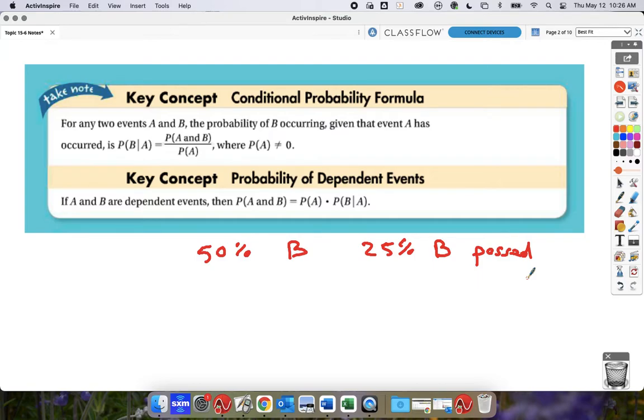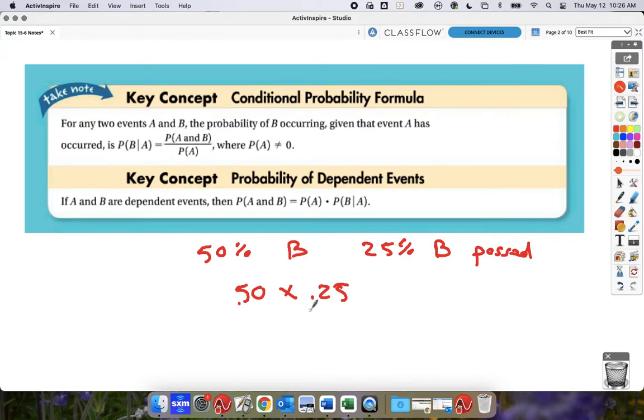Yeah, because 25% of people that took Form B passed. This would just be the probability that you took Form B times the probability you took Form B and passed. So you do 0.5 times 0.25 and you get your answer.